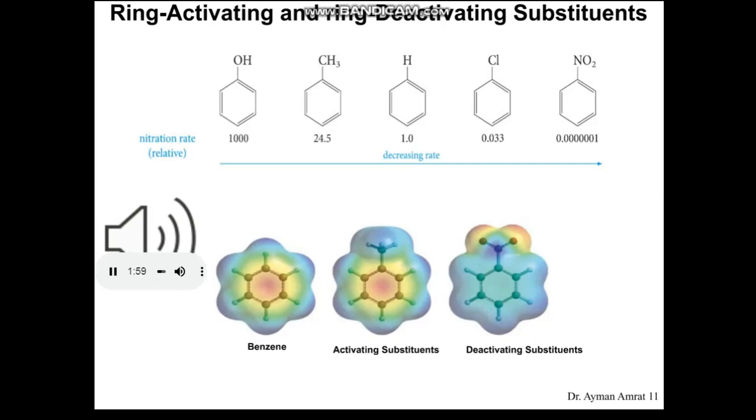Activating groups are groups that donate electrons to the benzene ring, like methyl and the hydroxy group, while deactivating groups are electron withdrawing groups. They have high electronegativity and attract the electrons of benzene toward themselves.